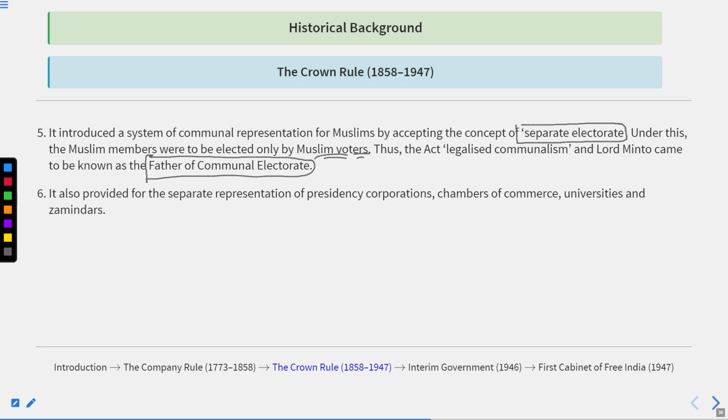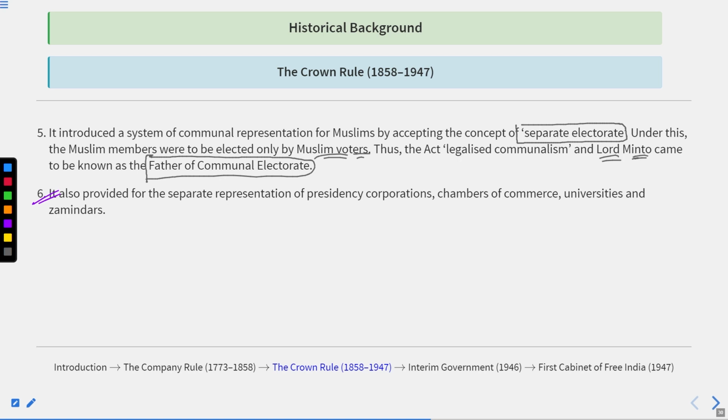Non-Muslim voters were not allowed to vote for him. Okay, and that is communalism, or we could call it a communal electorate. So Lord Minto was the first person to introduce this, so that's why he is known as the father of communal electorate. Remember this thing.